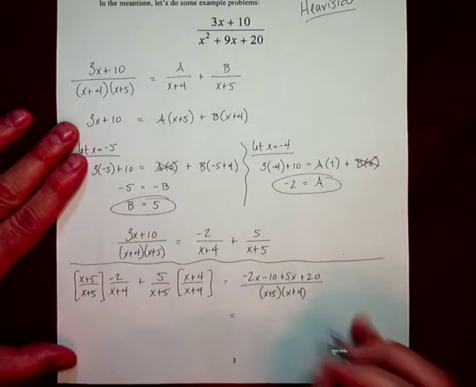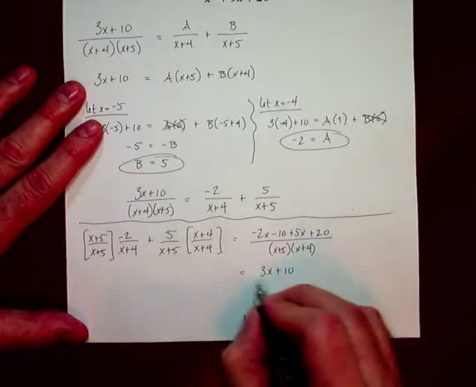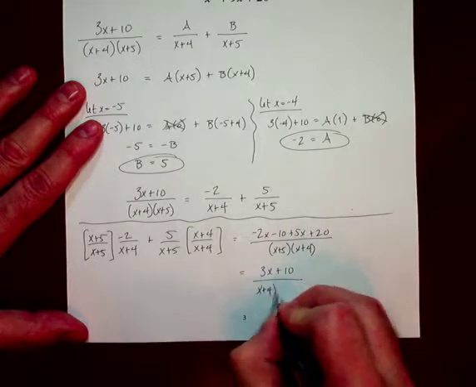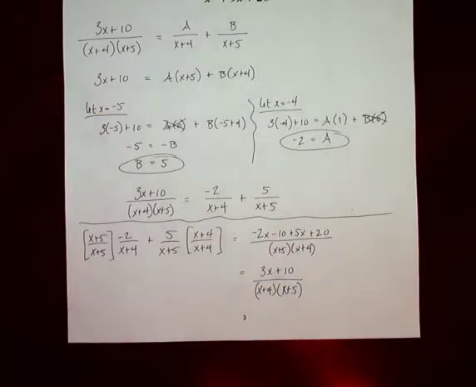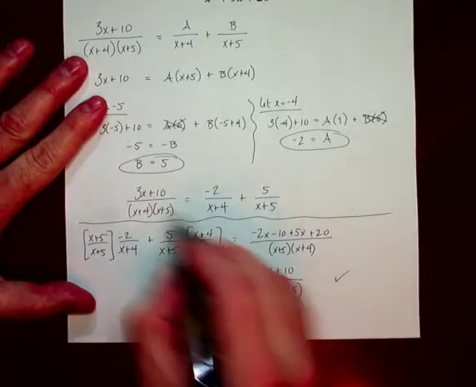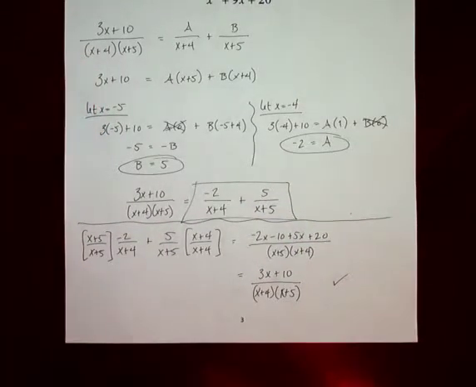And it should be really apparent that we have indeed done it correctly, because that does get us back to exactly what we had at the beginning. So our answer checks out. This is indeed the proper decomposition into partial fractions. Now, don't worry. You're thinking, gosh, this is easy. Don't worry, it'll get more difficult, I promise.